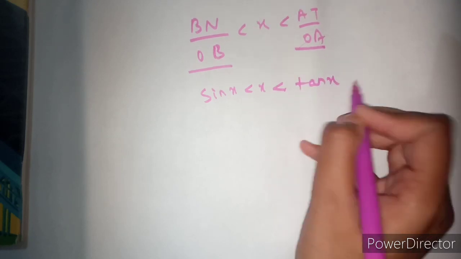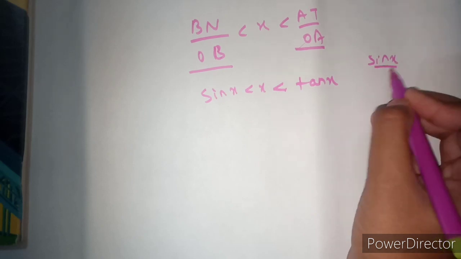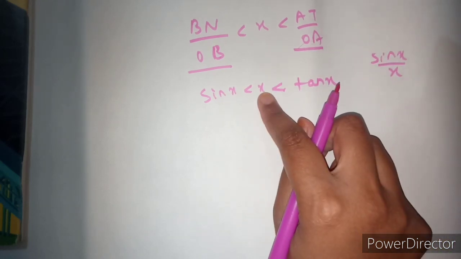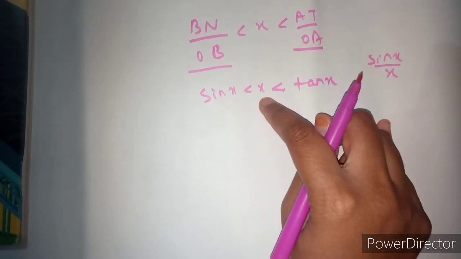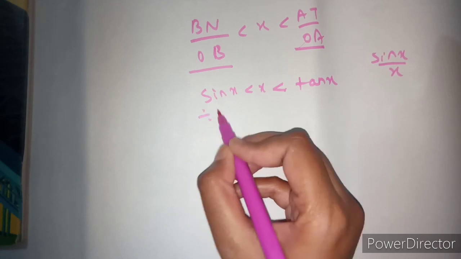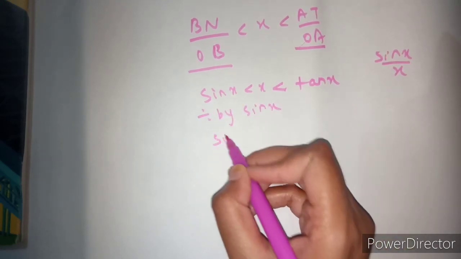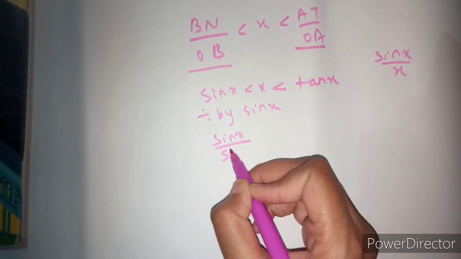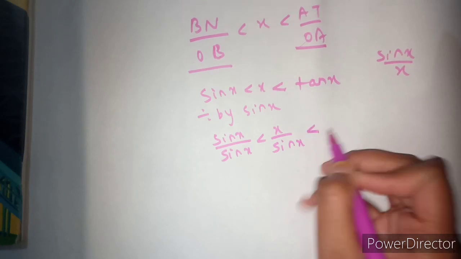In the statement we need the function in the form of sin x by x, right? So what I am doing is dividing by sin x. What will it become? Sin x by sin x less than x by sin x, which is less than tan x divided by sin x.